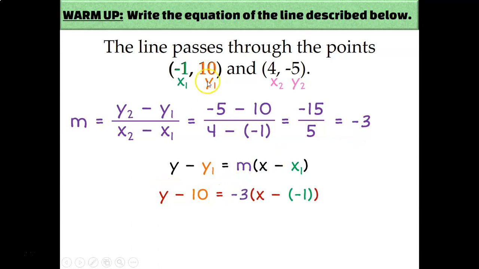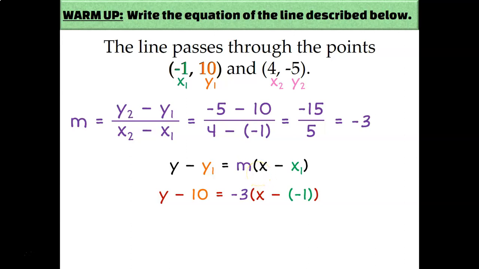Y minus y1, which is 10, equals m, which we calculated to be negative 3, and then open a parentheses, write x, minus, and then x1, which is negative 1. Here's another minus minus. You're going to see that a bunch in this lesson. If you feel more comfortable writing that as a plus instead of minus minus, please go ahead and do so. Well, now we need to simplify because our final answer should be written in slope-intercept form, which is y equals mx plus b.